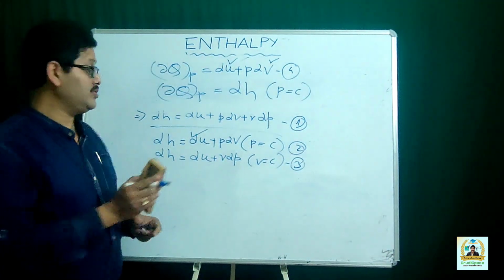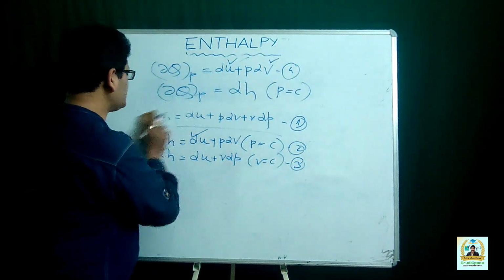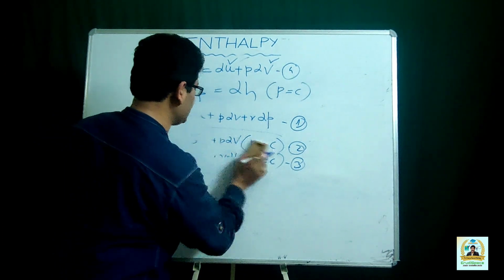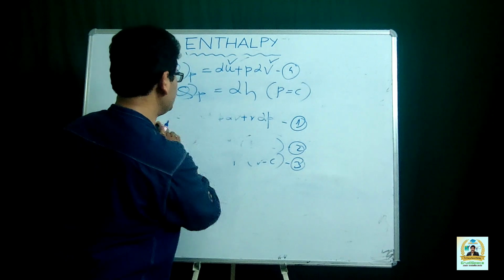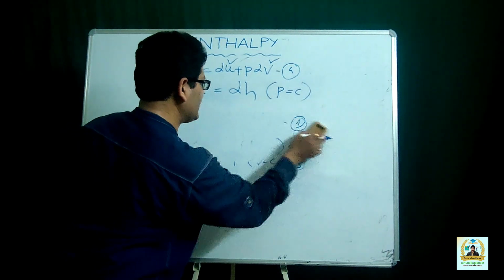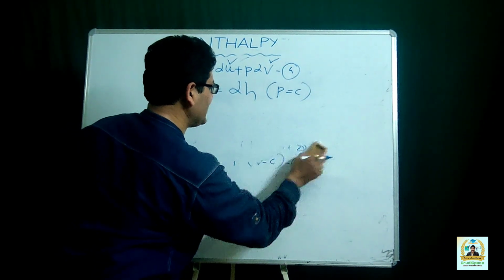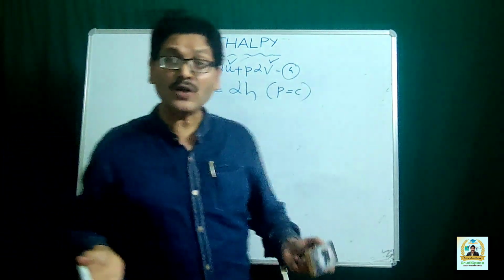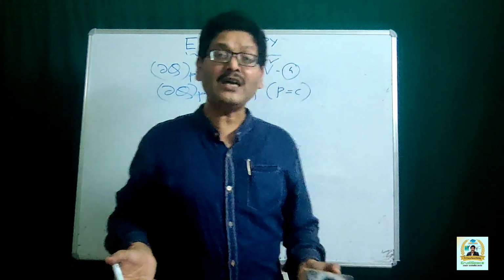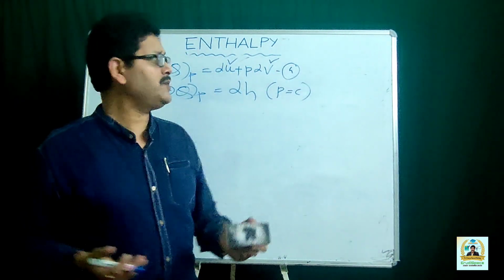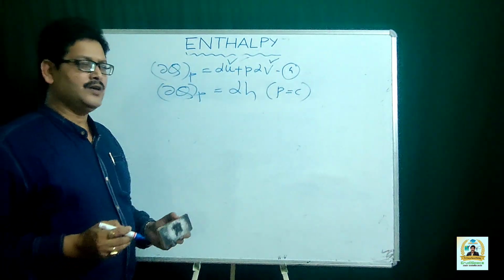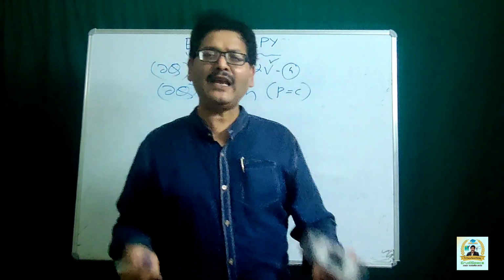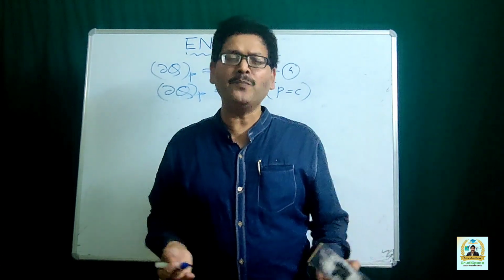Another thing that you should remember, that just like your internal energy, the enthalpy is also represented as change in enthalpy. You cannot find out the enthalpy at a particular point. That is not required also. The change of enthalpy will do. What is the reason for this? Because you know that enthalpy consists of internal energy as well as the pressure volume product.